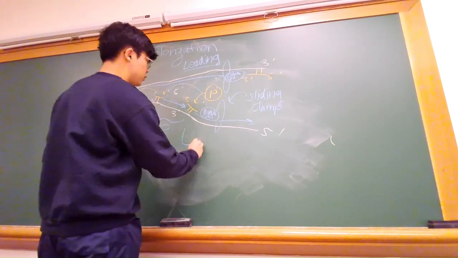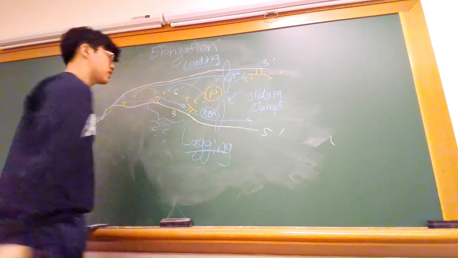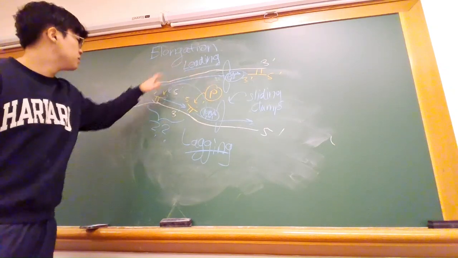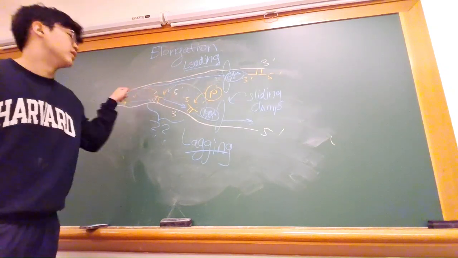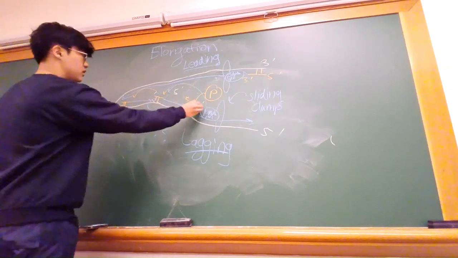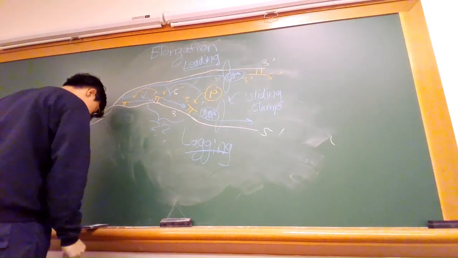Whereas this bottom one we call the lagging strand, because it's catching up to the leading strand: this primase has to keep jumping back, allowing this DNA polymerase to keep transcribing in the same direction. So the second strand is kind of behind the other one.